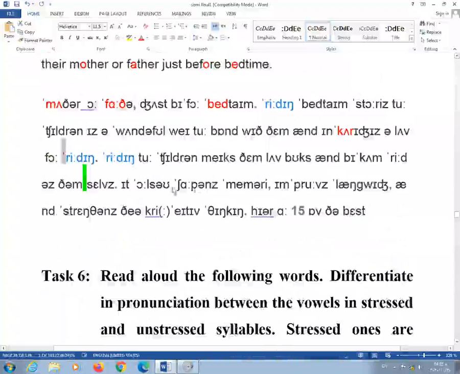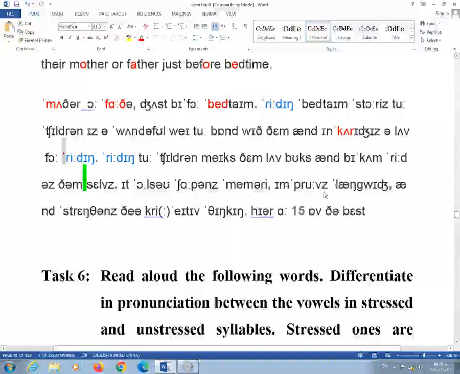Look at this. Sharpen, sharpens. Okay, first syllable stressed, and the second unstressed. Okay, memory, look at this. Memory. First syllable, stress. Okay, improve. Do you stress im or prove?